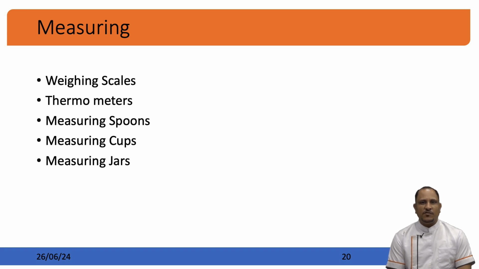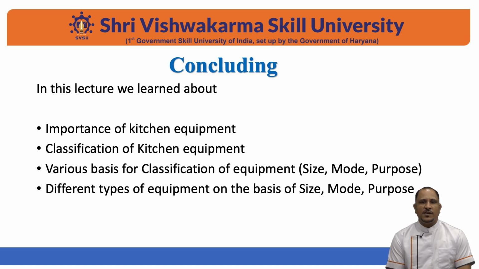Let's summarize what we have discussed today. We have discussed how important kitchen equipments are to a kitchen, as they are expensive. How we can maintain kitchen equipment by keeping in mind its use, its durability and its maintenance schedule along with the repair when required.